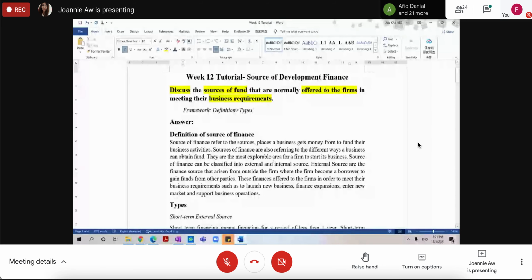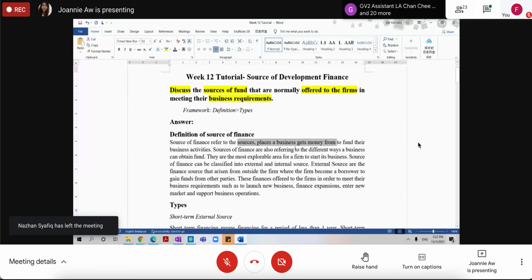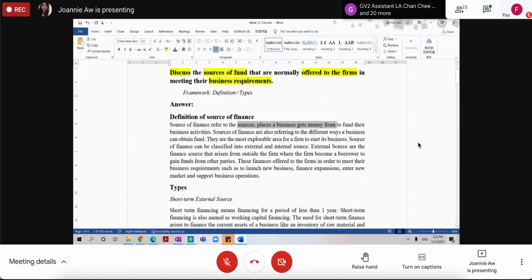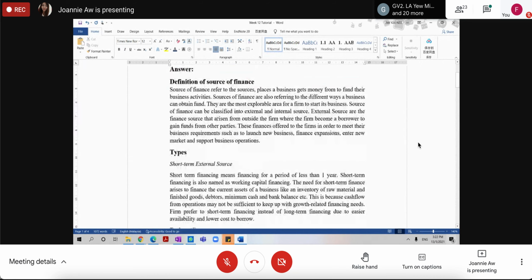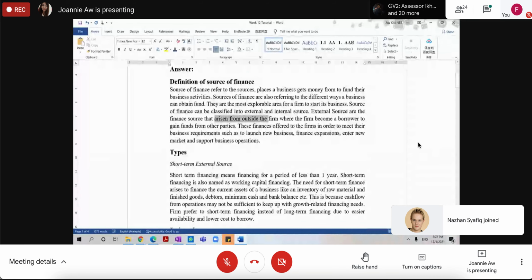I start with the definition that the source of finance refers to the source or places a business gets money from to fund their business activities. It also refers to the different ways a business obtains its funds. It arises from outside, because this question is referring to external source.